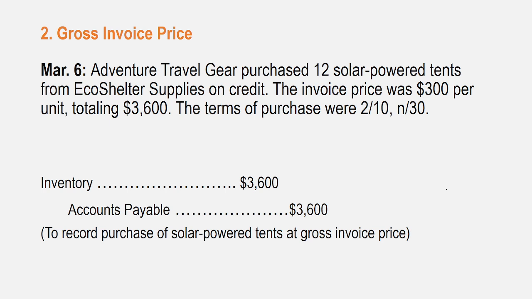So in the gross invoice price method, the full amount is stated in the invoice without any deduction. There is no discount or deductions in initial recording under the gross invoice price method.